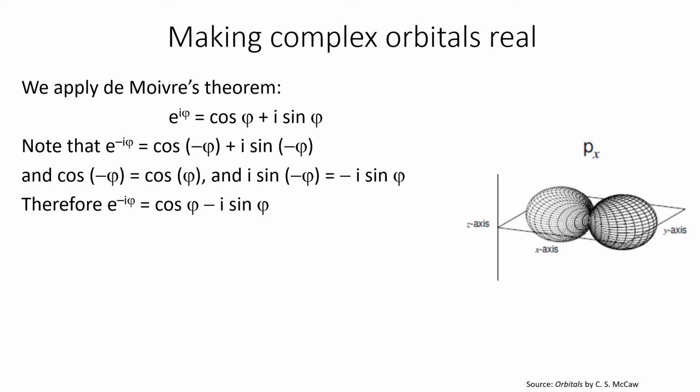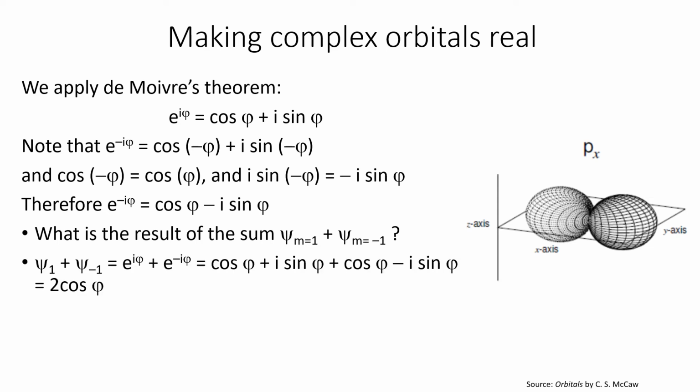And this turns out to be quite useful, because look what we can do with it now. We can then ask ourselves, supposing we sum these 2 functions together, the wave function for m equals 1 and the wave function for m equals minus 1, what happens? Just looking at the algebra above, if you add those wave functions together, you can see that the cosines are going to add up. There's 2 lots of cos phi in there, but actually the sine functions are going to cancel. And so what you end up with is nothing but 2 cos phi.